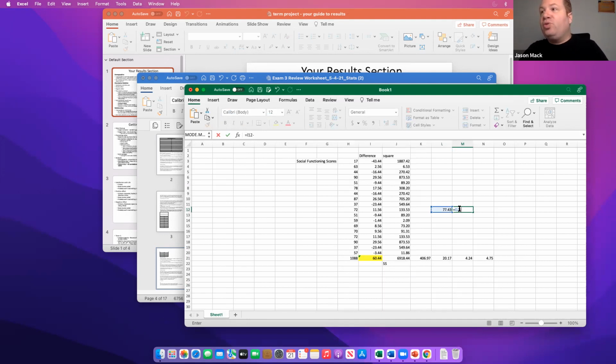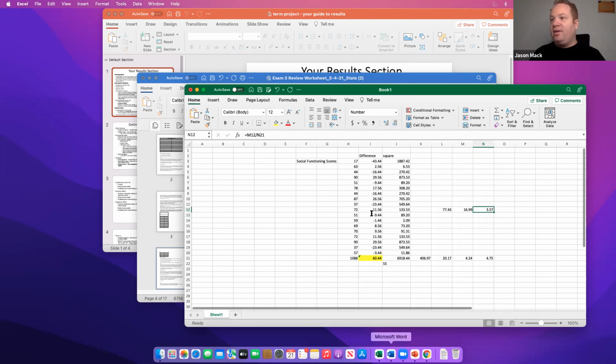Let's do our numerator first, which is I21. Then we take this number, 16.99, and divide it: equals M12 divided by this number, which is our 4.75, N21. And we get 3.5722. Of course, we can make this smaller, 3.57.